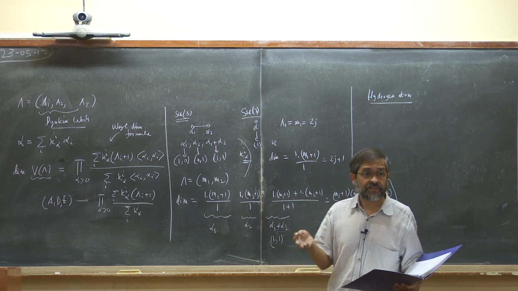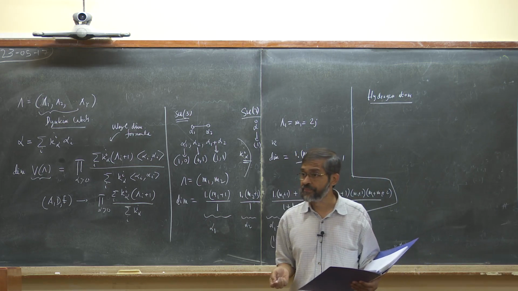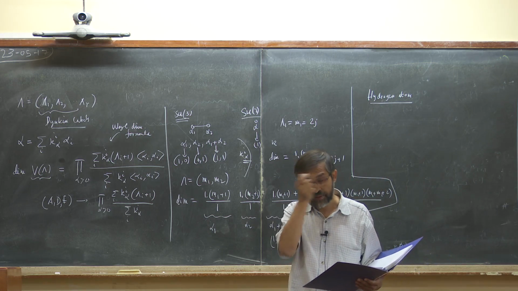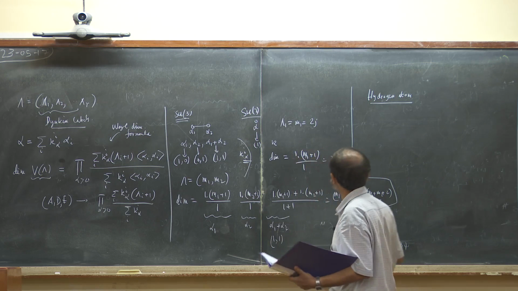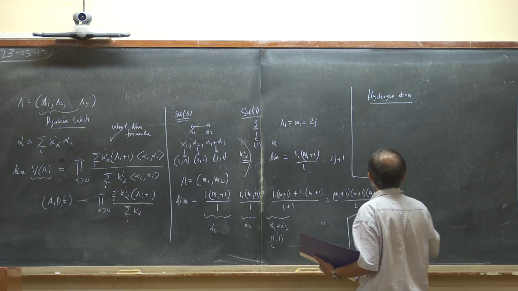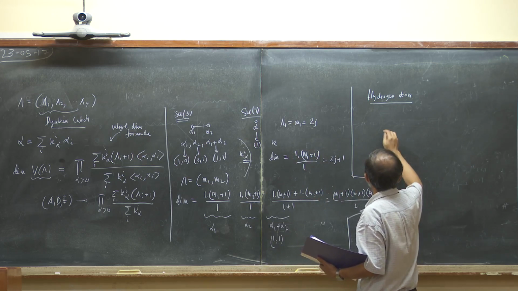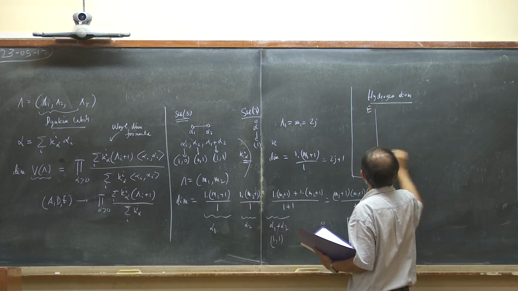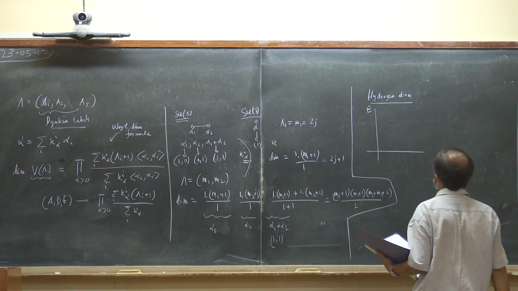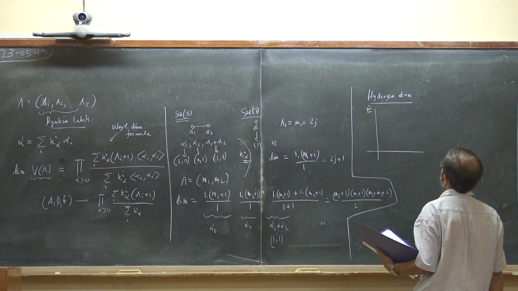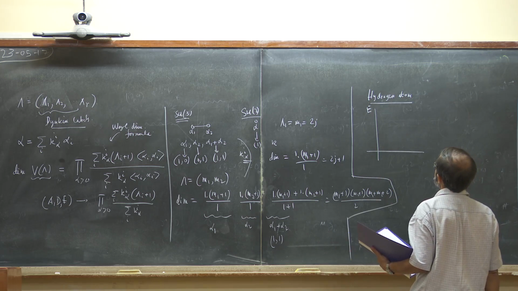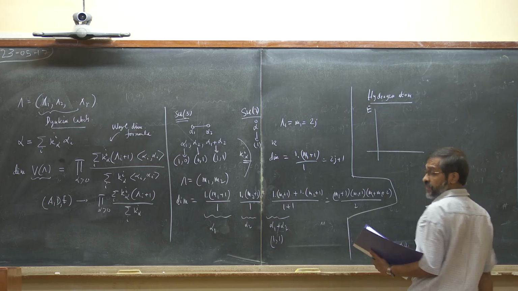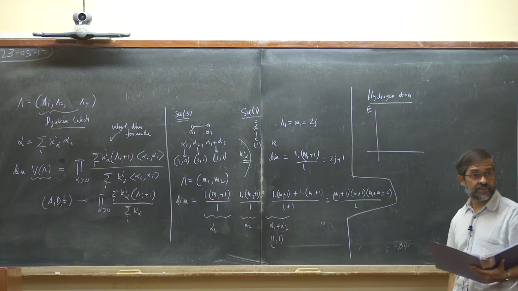So there is an SO3 symmetry, and therefore the spectrum would look like this. This is the energy axis, and the spectrum should look like, so there should be degeneracies in the Hamiltonian.